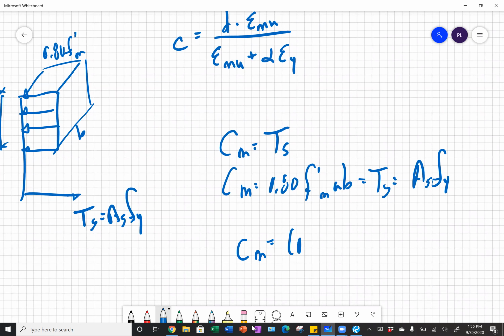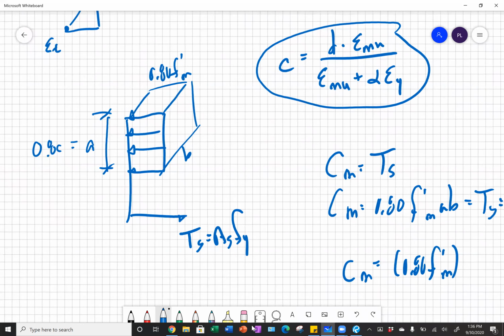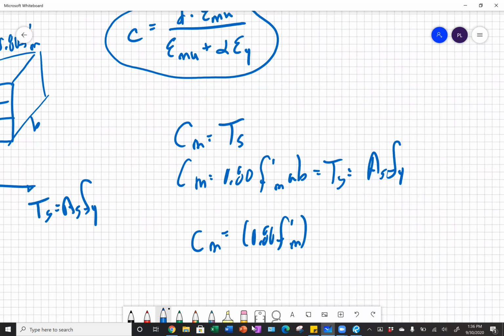And so our masonry force equals 0.80 f'm times a, which we will replace a with 0.8 times c, where c equals this equation up above. And so we would have 0.80, because a equals 0.80 times c.